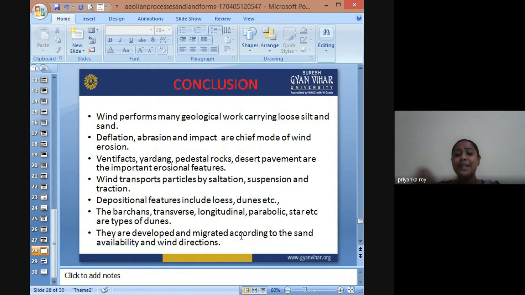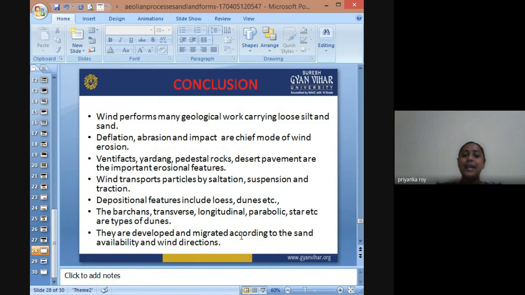These particulates are an example of suspension. Saltation is when the wind is moving and some heavy particulates of sand are blown away from that area into the air. And traction is when the particulates are heavy but the wind is so strong that it is dragging them along the surface or making them hop along the surface.